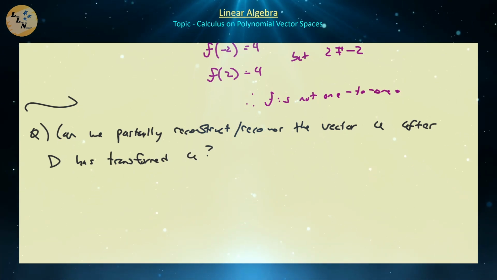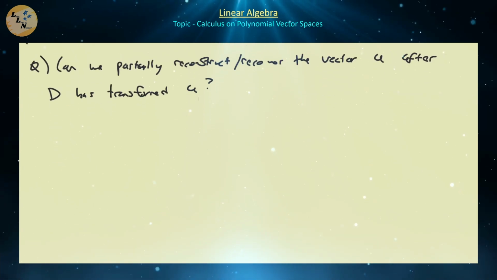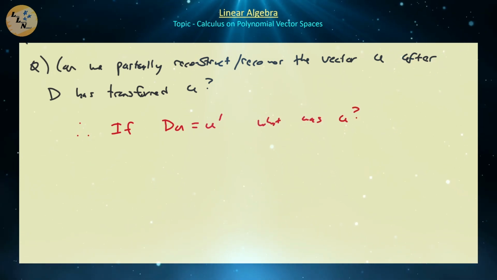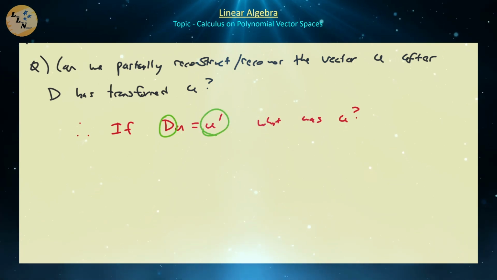I.e., can we anti-differentiate a particular vector? If we write this in equation form, if Du is equal to some new vector u prime, what was u? Let's pretend, for example, that we know D, the matrix, and we know u prime. Can we figure out what u was just based on this information?